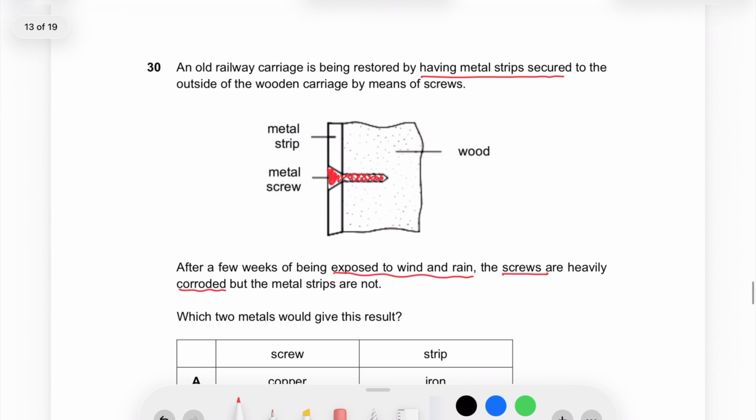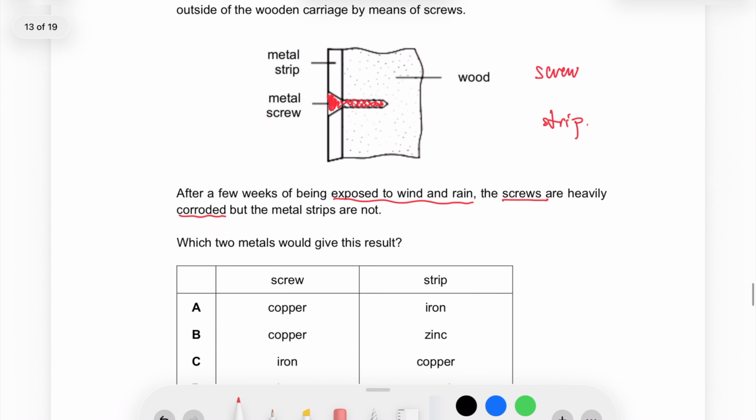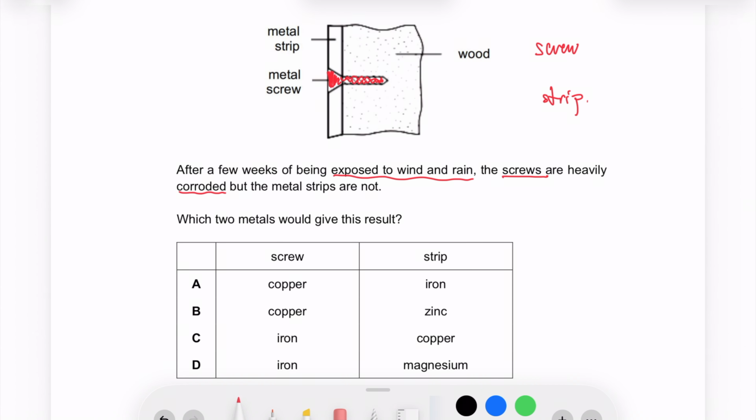This means the metal screw is more reactive than the metal strips. So the screw must be a more reactive metal and the strips must be less reactive. The answer should be C. The more reactive metal will corrode, so the screw is made of iron, whereas the strips are made of copper, which is less reactive.